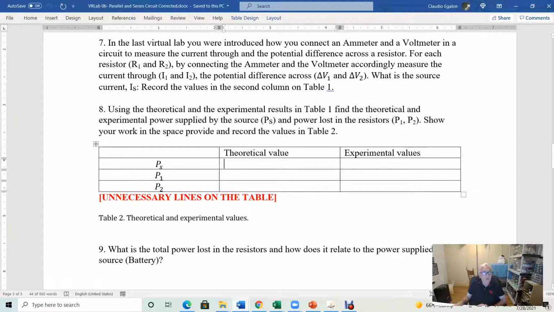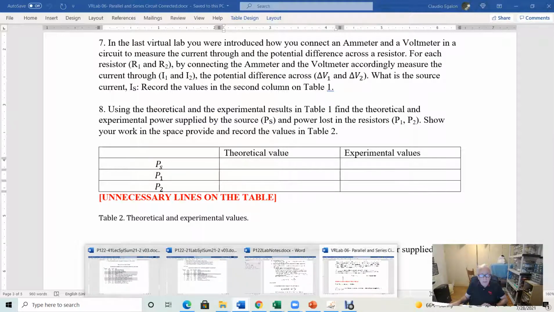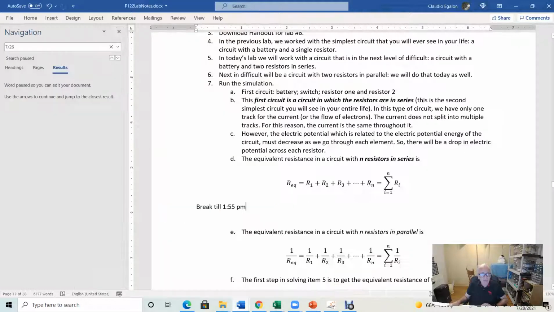Theoretical value. How do we calculate the power? Okay, that's something we're going to cover in the lecture as well. There is a formula for the power. Actually, there are 3 different equations that we can apply. Here you go. The first one, I'm going to do that here in my lab notes.